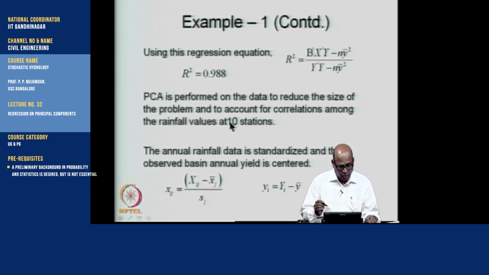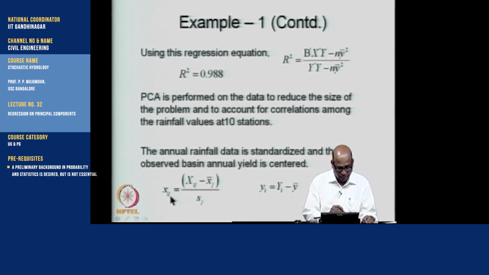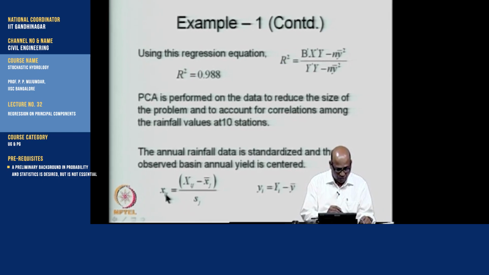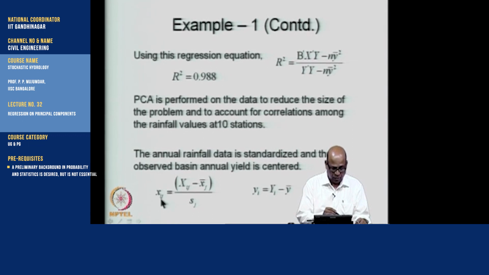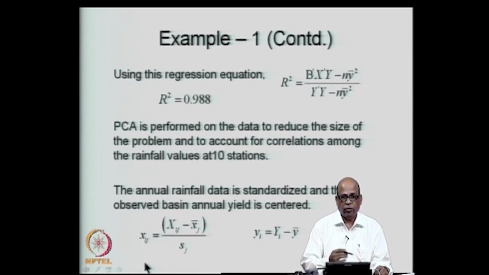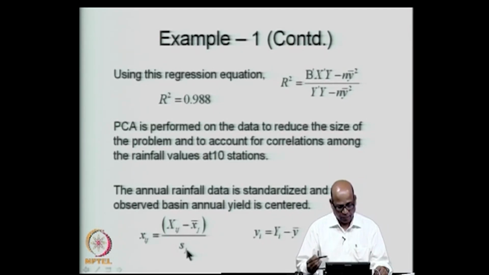Okay, to do that, we have 10 stations and we have observations going from i equal to 1 to 19 in this particular case. So, 19 years of data at 10 stations. So, that data x i j, we deduct x bar j at the jth station, you take out the mean of that jth station data and divide it by the standard deviation of the jth station data.